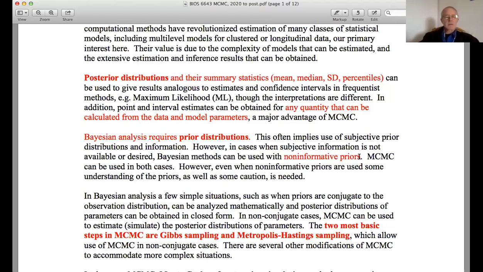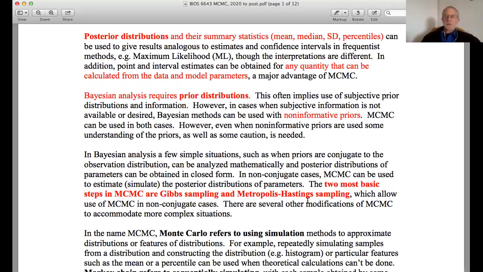Okay, questions there? The guts of this algorithm are two steps. There's a Gibbs sampling step and a Metropolis Hastings step. Those of you who are in Nicole's class, actually I better ask that. Who, if you're in Nicole's class, have you talked about all this in her class yet?